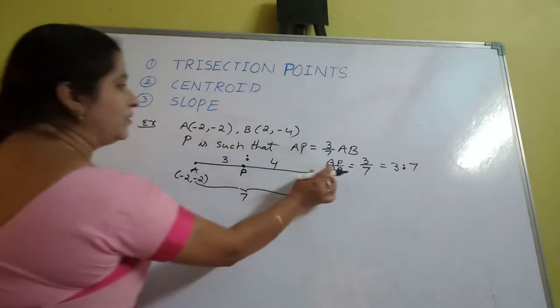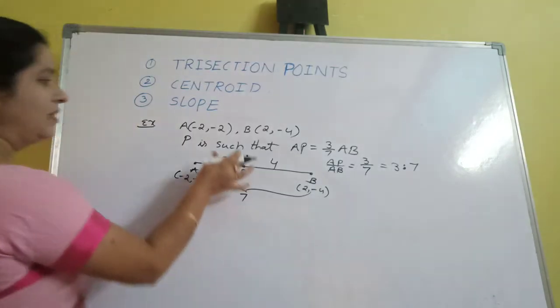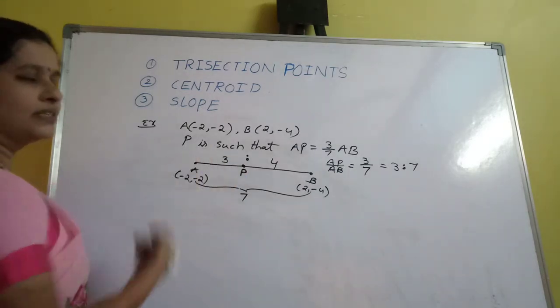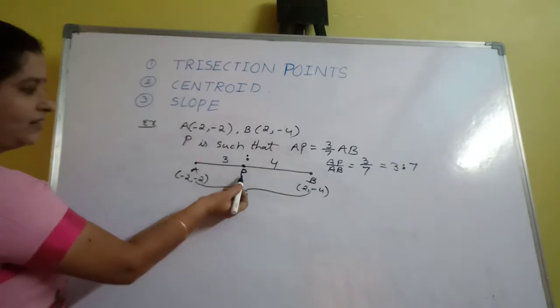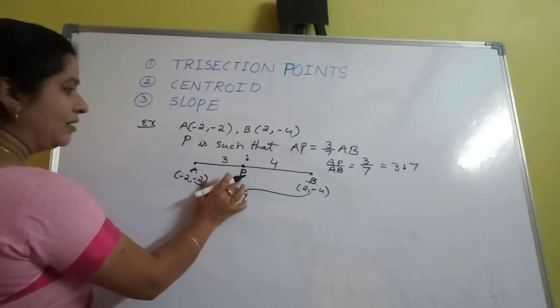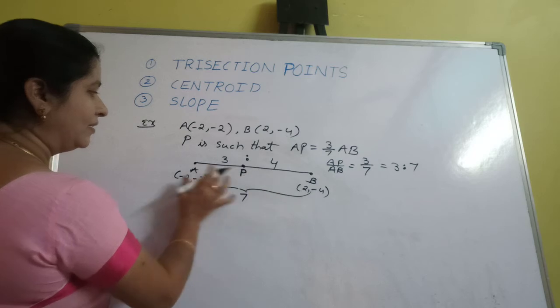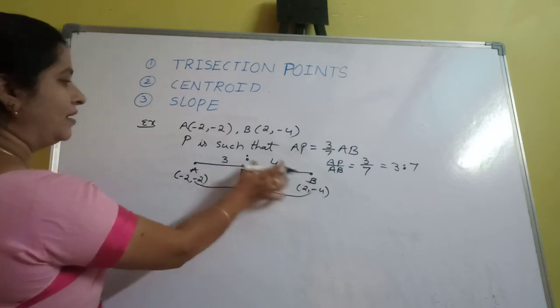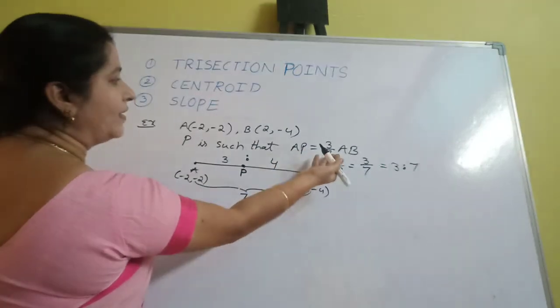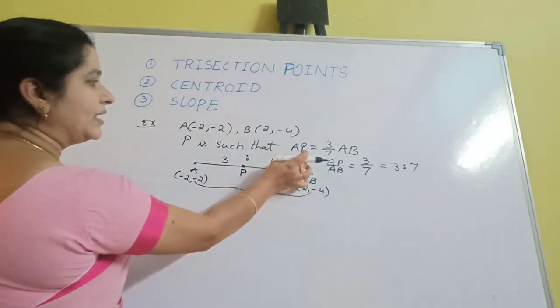You have to find the ratio first, then you can easily solve the question by using the section formula. To find the point P, what is required? The points A and B are required and the ratio is required. Here the ratio is not given directly, only a condition is given.